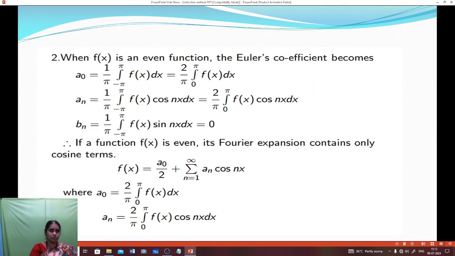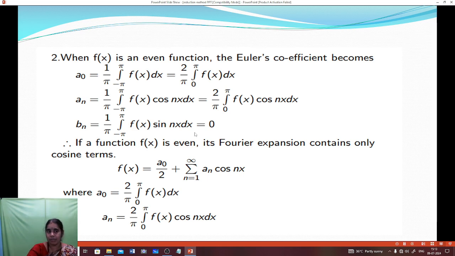Note number 2. If the function is an even function, we have to calculate 2 terms, a0 and an. And that too, the 1 by pi integral from minus pi to plus pi reduces to 2 by pi integral 0 to pi. Our an becomes 2 by pi integral 0 to pi f of x cos nx.